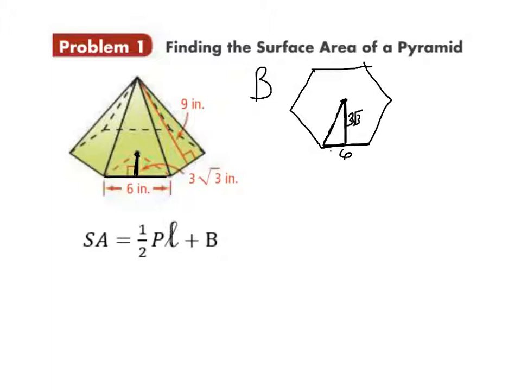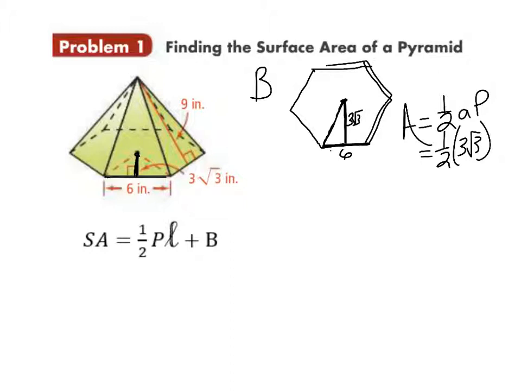To find the area of this hexagon, I'm going to do 1/2 AP, which really they gave me exactly what I wanted. 1/2, the apothem is 3 root 3. The perimeter is my 6 times 6 sides, so 36. Let's multiply that together.